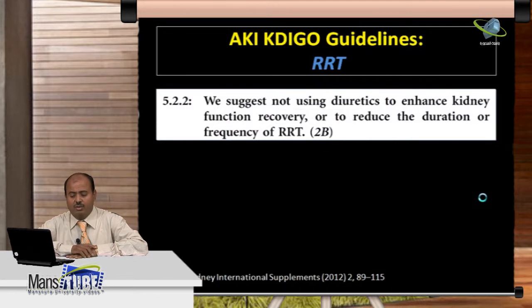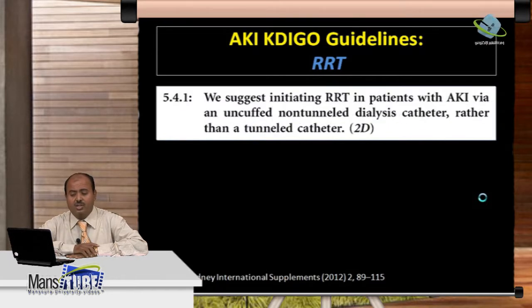The guidelines suggested not using diuretics to enhance kidney function recovery or to reduce the duration or frequency of renal replacement therapy. They suggest initiating renal replacement therapy in patients with AKI via an uncuffed, non-tunneled dialysis catheter rather than a tunneled catheter.